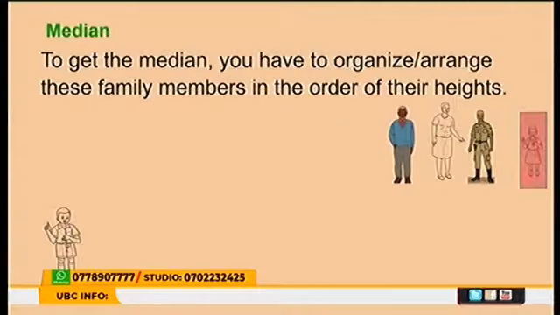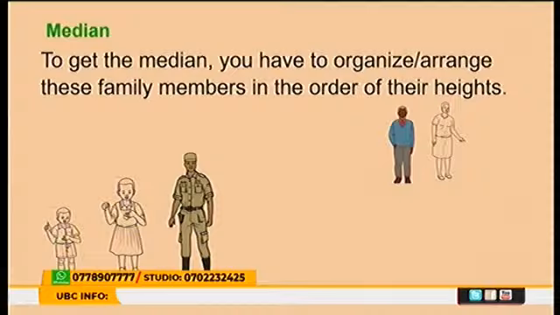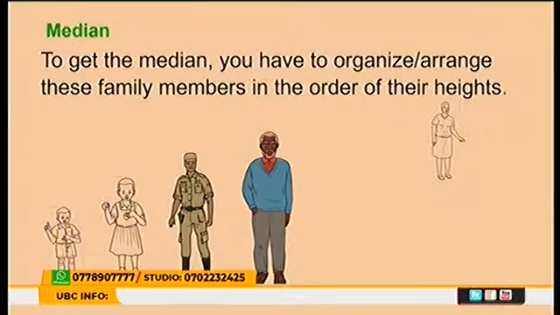On your screens, you can see that we are trying to arrange our members in order of their heights. So let's arrange together. As you can see, our members follow each other in order of their height, starting with the shortest to the highest. Hope we are all able to see how we are arranging the members of the family.